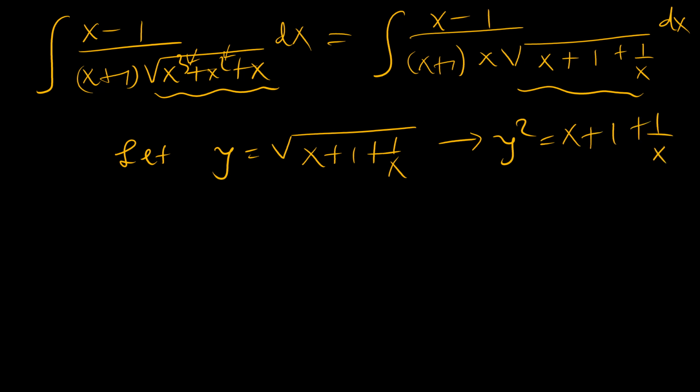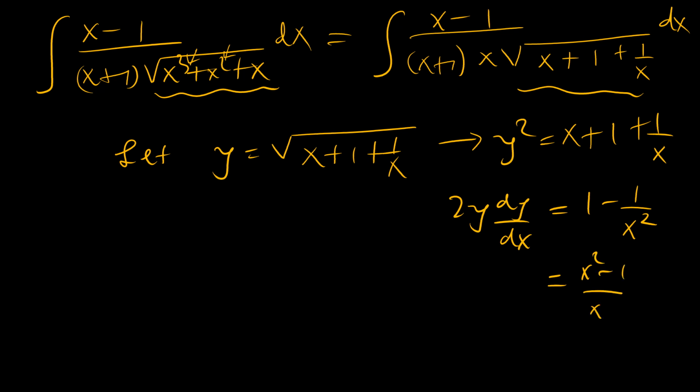And so what that also means is that 2y dy dx equals 1 minus 1 over x squared, which is x squared minus 1 over x squared, which is the same as x minus 1, x plus 1 over x squared.